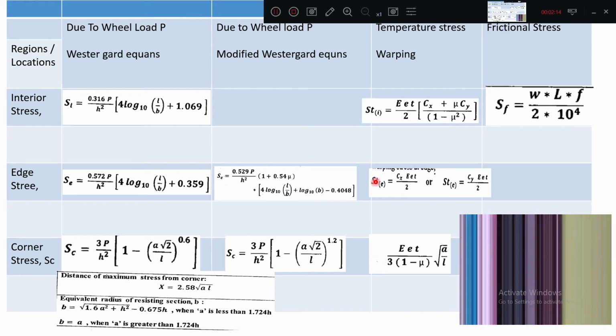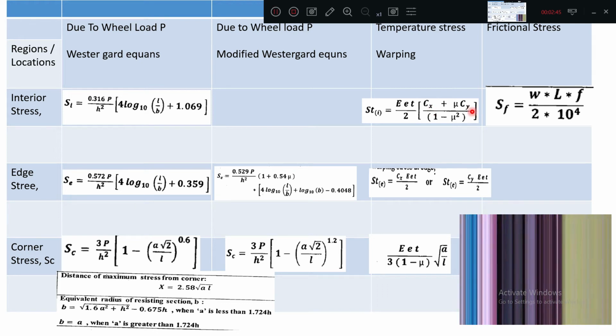Okay, T stands for temperature stresses in all three. Now in the temperature calculation formula, try to understand: E is modulus of elasticity of concrete. Small e, coefficient of thermal expansion, that is given. T is temperature change between top and bottom of the slab. Small t is temperature difference between the top and bottom of the slab in degrees Celsius. Mu is Poisson's ratio.